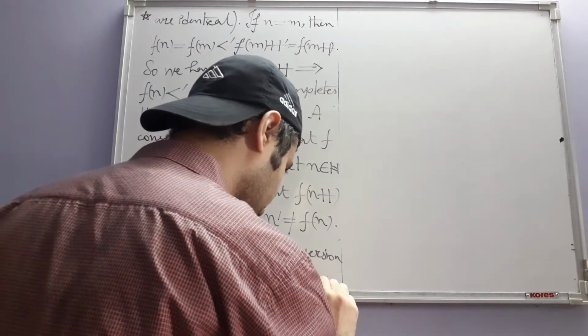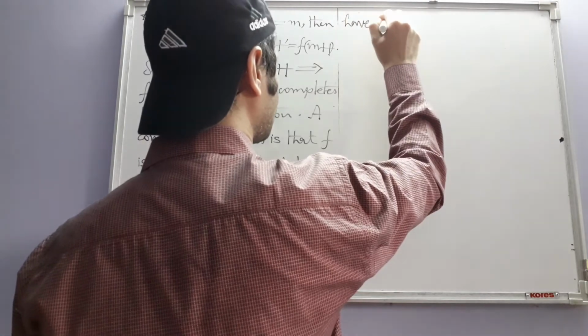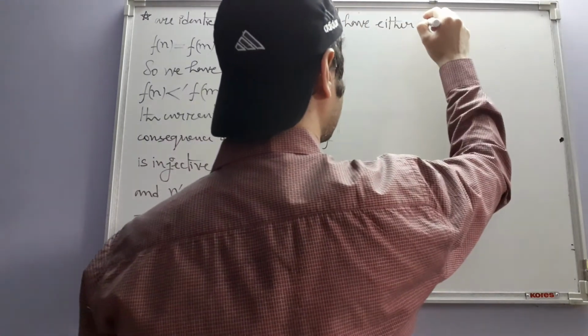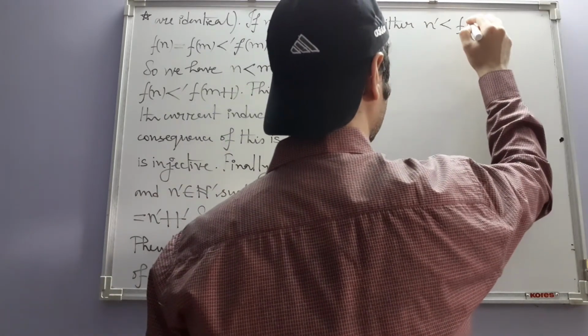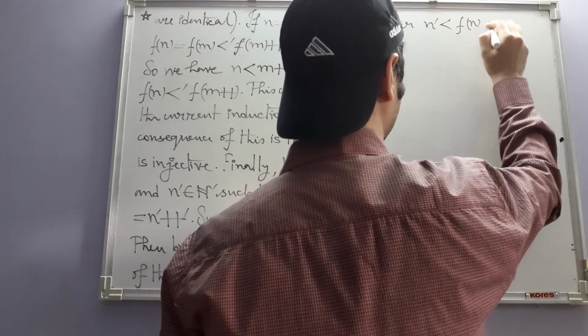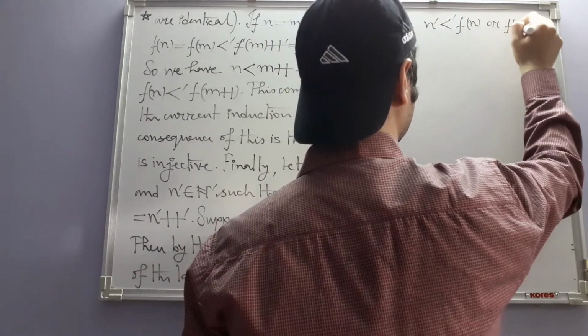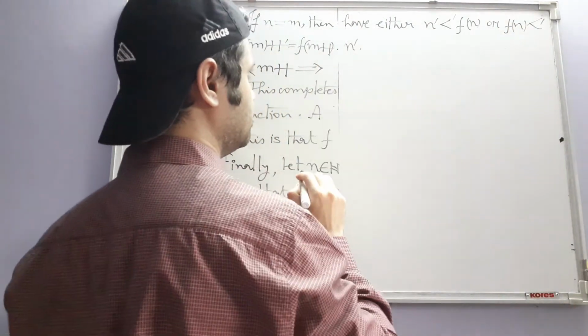So we have either n prime less than f of n, or f of n less than n prime.